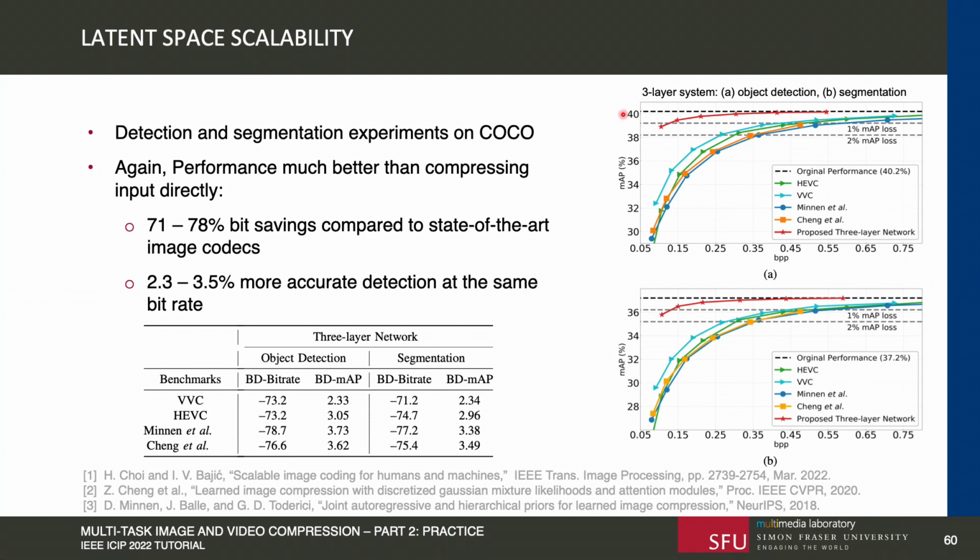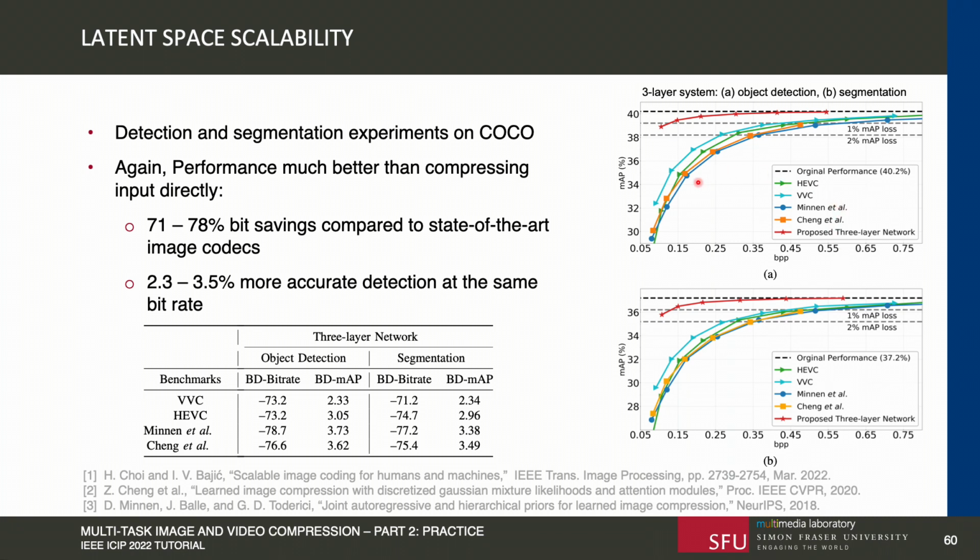So here are the results again on the COCO dataset. The top figure here shows bits per pixel versus mAP for object detection, and the bottom figure shows bits per pixel versus mAP for instance segmentation. In the top graph, we only need to decode the lowest layer, the base layer in our case.